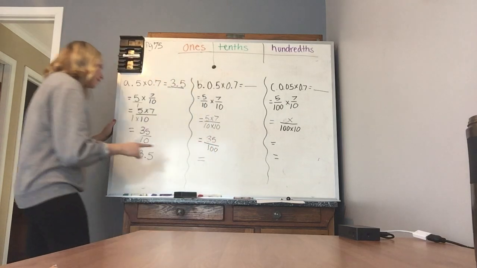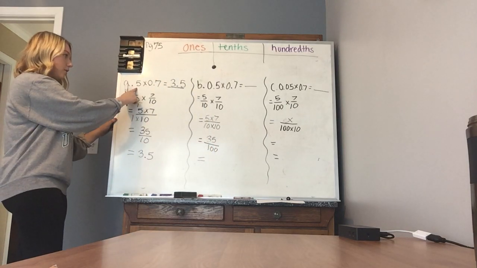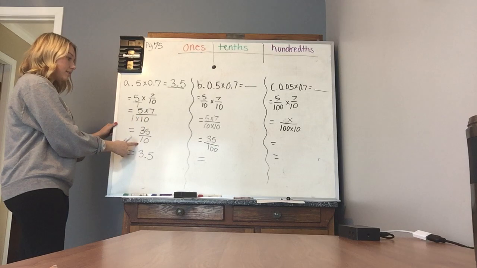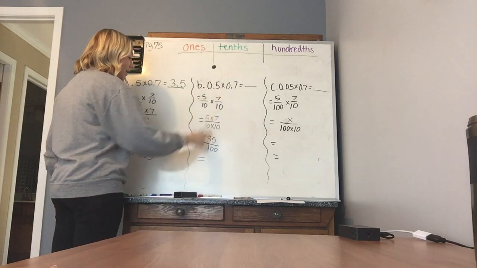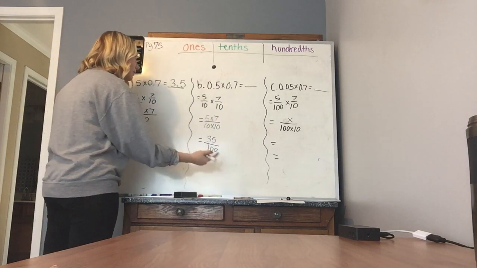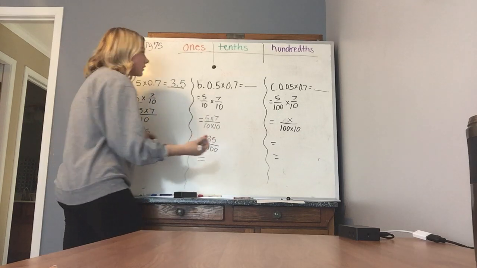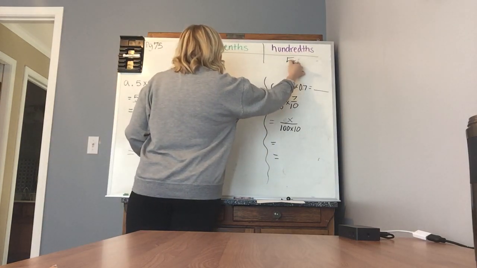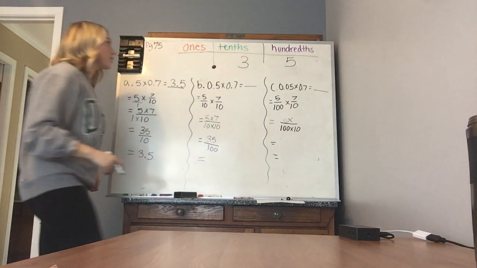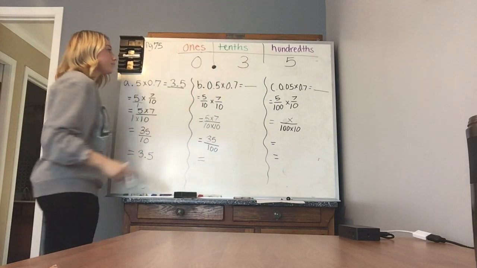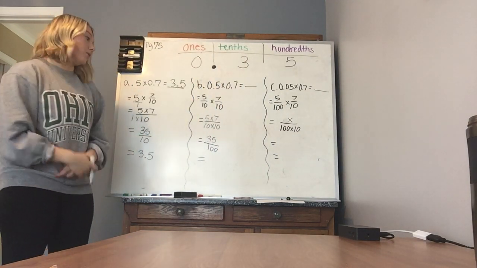So that's the difference: over here the decimal was in the ones place, so it's 10, but over here they moved it, and now it's in the hundredths place, which means I have to move my answer over. So I'm going to put 35 hundredths, and then the 0 in the front, because there are no numbers in the ones place.